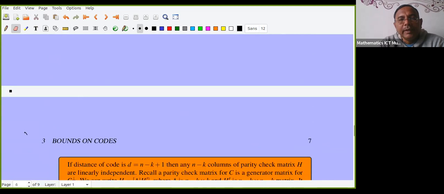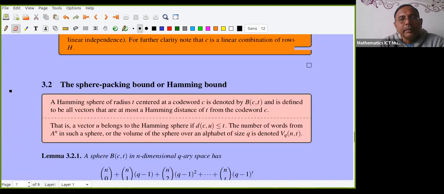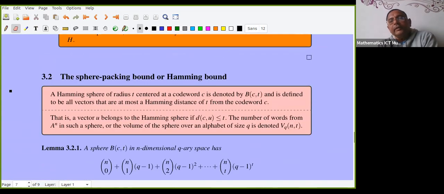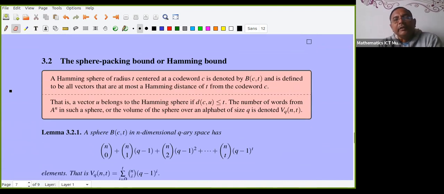Now I'm going to define another bound. This also we discussed a bit. It is called the sphere packing bound or Hamming bound. For that we define the ball with center at c and distance t, all vectors with at most distance t from the codeword c.